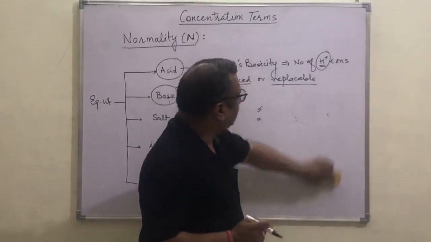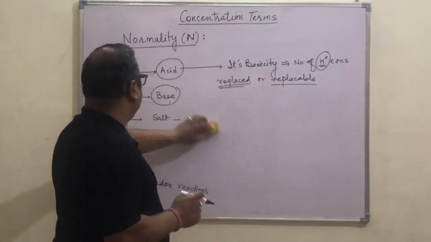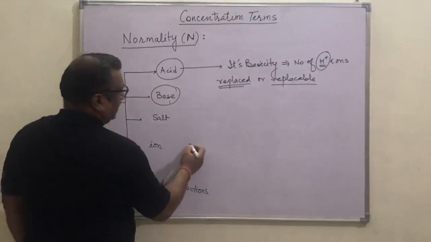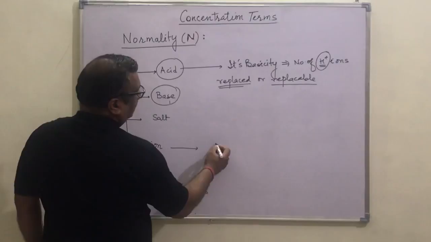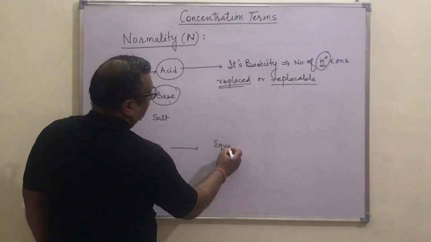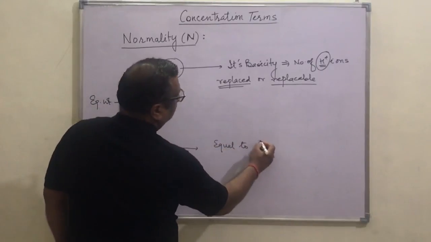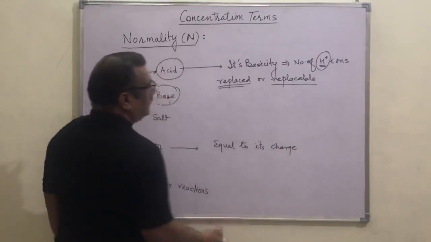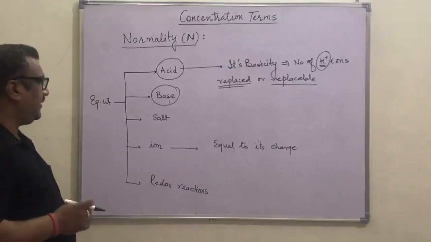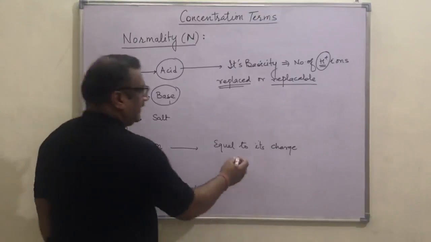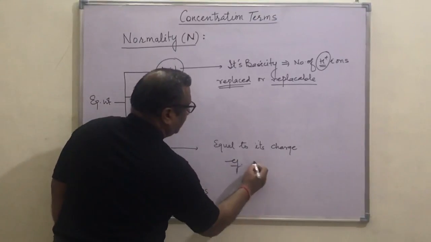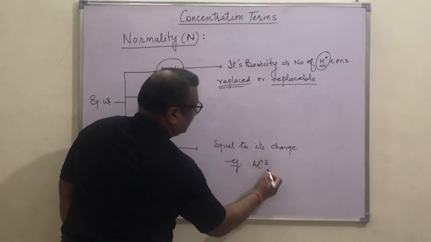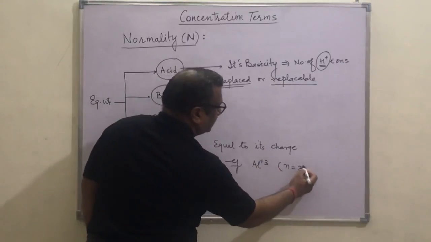Then we come to the ion. In the case of ion, the n factor will be taken as equal to its charge expressed in the symbol. For example, if we are taking aluminium ion, the n factor will be taken as 3.